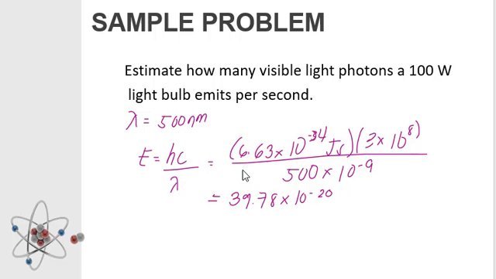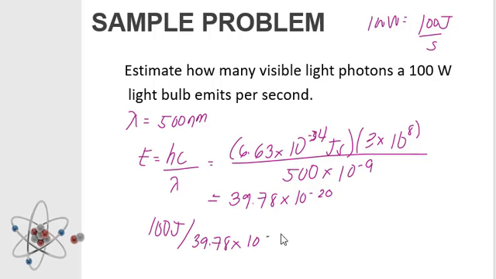Okay, but what is asked here would be the number of photons for 100 watts. Recall that 100 watts is equivalent to 100 joules per second. So the question is emits per second, so let's take a look at 100 joules. We just have to divide 100 joules by 39.78 times 10 to negative 20.